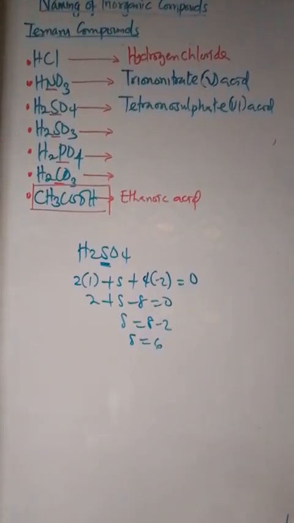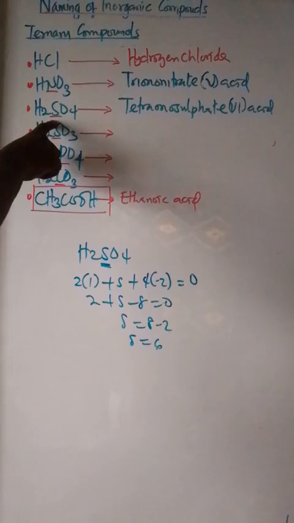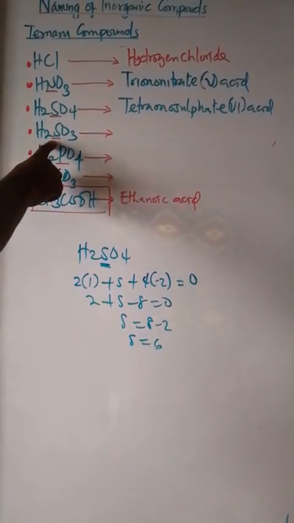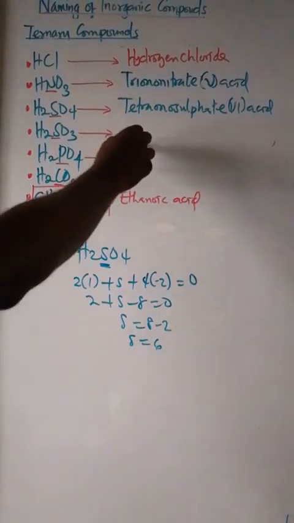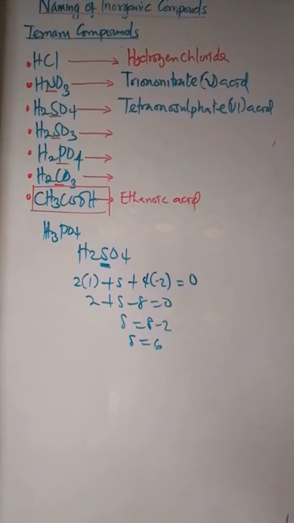Then apart from the IUPAC name, they also have special names. For example, this H2SO4 is known as sulfuric acid. This H2SO3 is known as what? Sulfurous acid. So we also have H3PO4. For H3PO4, it is called phosphoric acid.